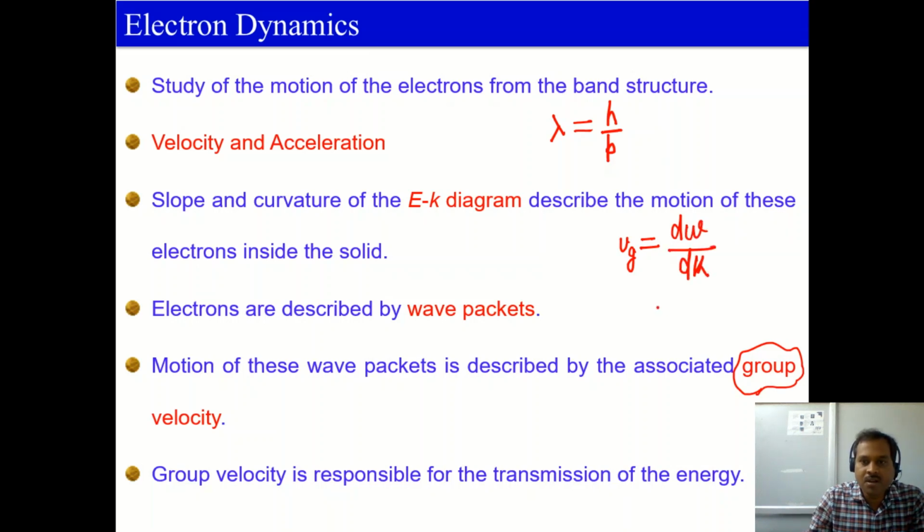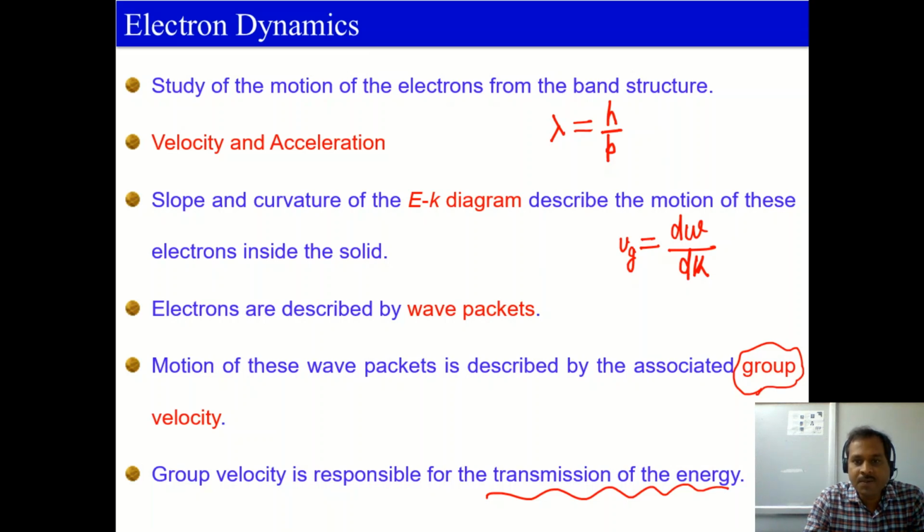K is the wave vector and omega is the angular frequency associated with the motion of the wave packet, and this group velocity is responsible for the transmission of the energy. So rather than the phase velocity, the group velocity is physically much more significant.